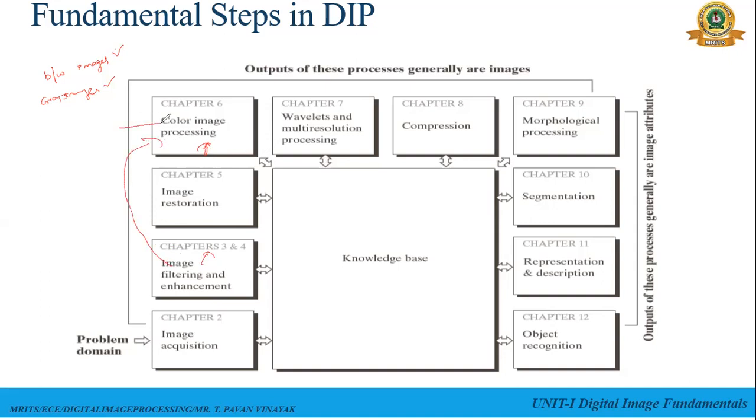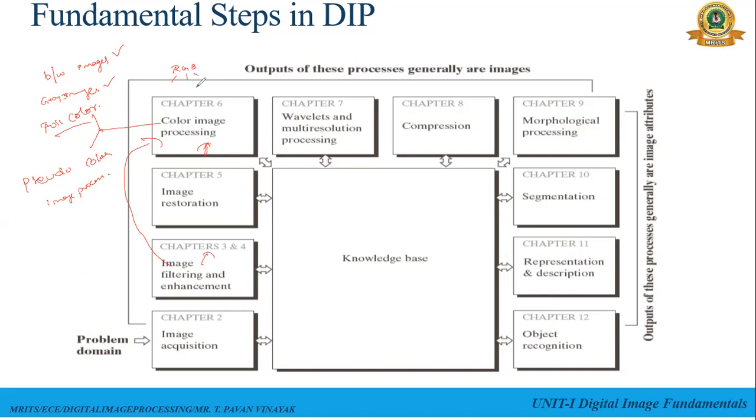These color image processing techniques are classified into two types: full color image processing and pseudo color image processing. Full color image processing means the basic color system is RGB, meaning we have three colors.